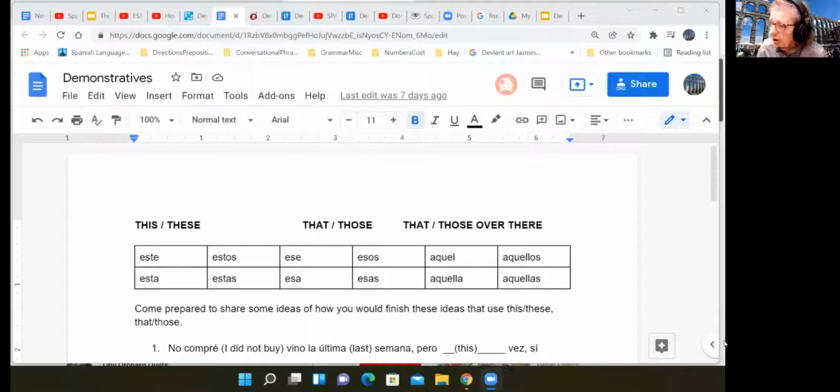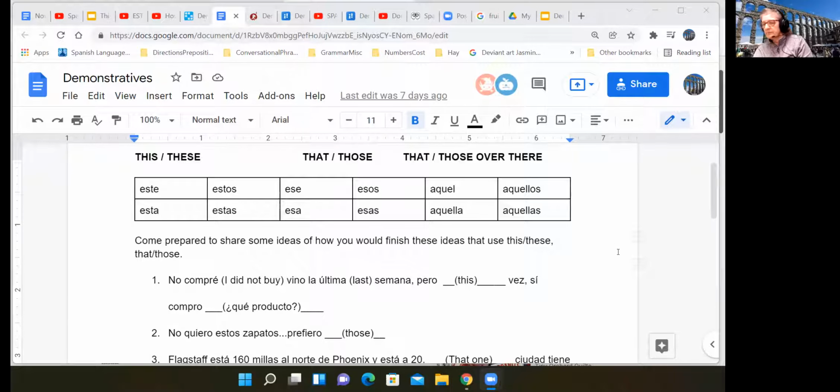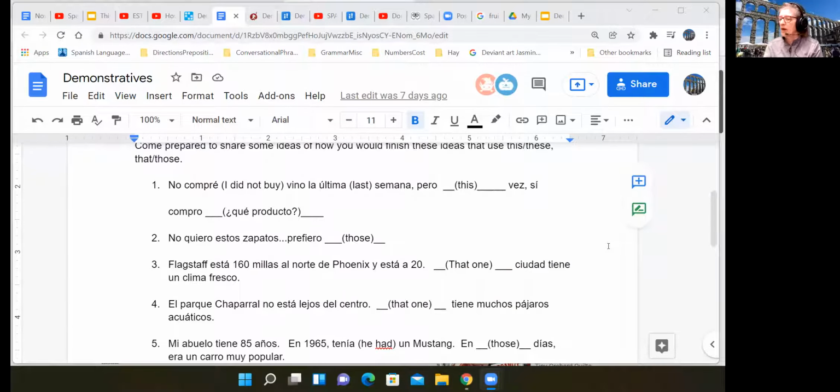Let's take a look at our page, nuestra página de práctica, con la tabla, the one with the grid. Let's go on to that. Vamos a ver. Okay. So you had a nice big chart and we put them in their little categories up here on top. But now let's see if we can sub things in, okay?